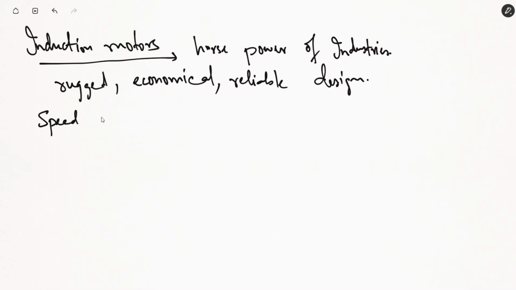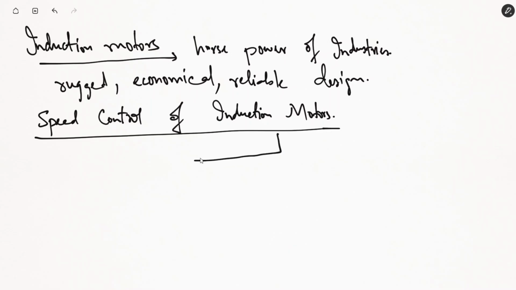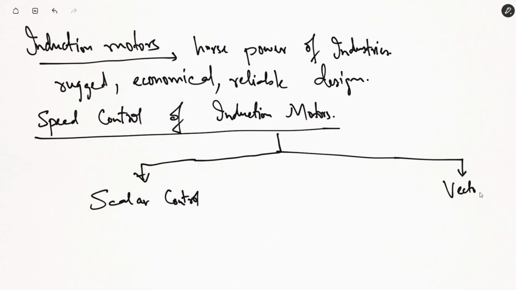As far as the speed control strategies of induction motors go, there are three important types of speed controls that we are employing nowadays in induction motors.